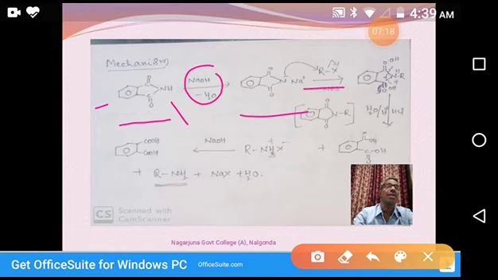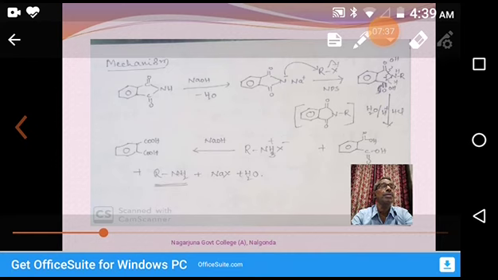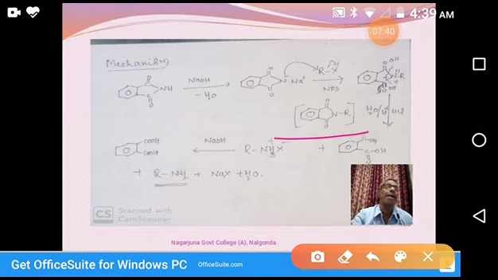In the halide, X goes as X minus, and at the same time this nucleophile attacks the alkyl group. So this is a nucleophilic substitution reaction. We get the N-substituted phthalimide: the R group is substituted on N in place of the proton. So it is N-alkyl substituted phthalimide.